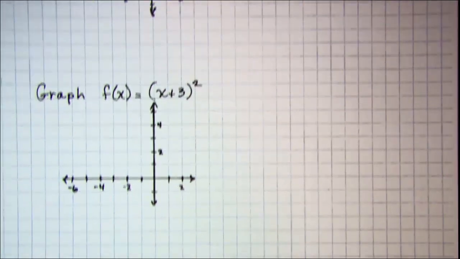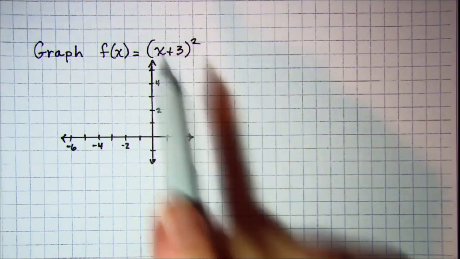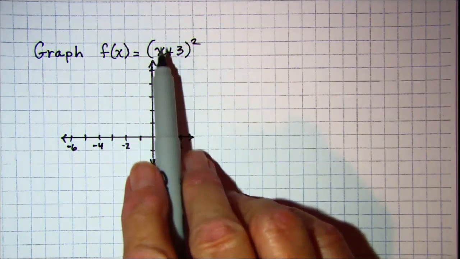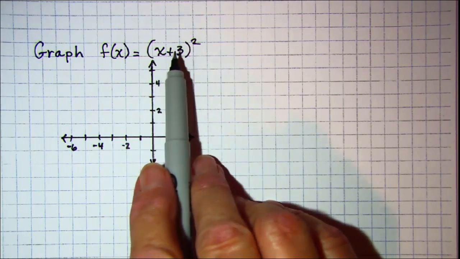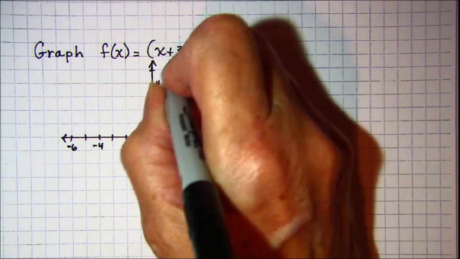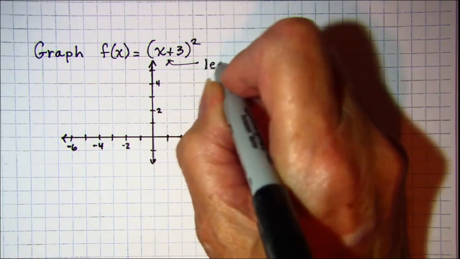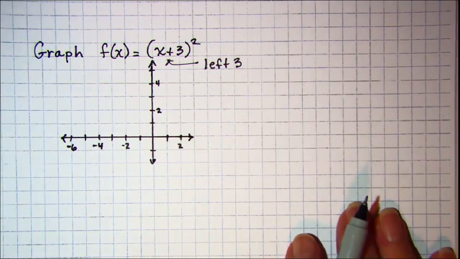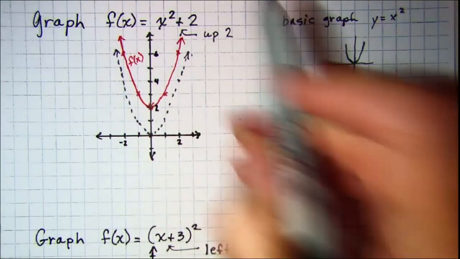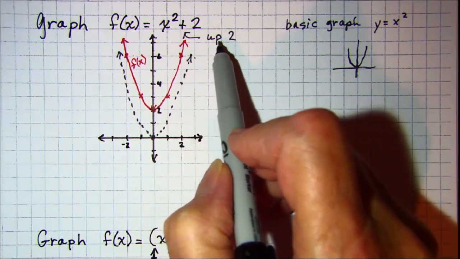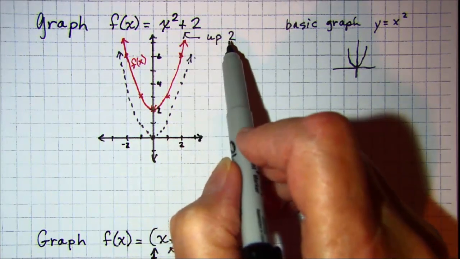Let's do another one. Now on this one, notice that we have x plus 3 inside the function. So in this case, we need to move left 3. Now be cautious on that, because on this one, plus you always assume is going to be up, since that's the positive direction.